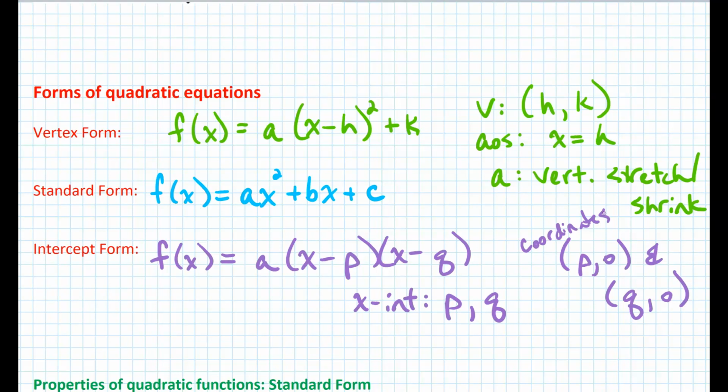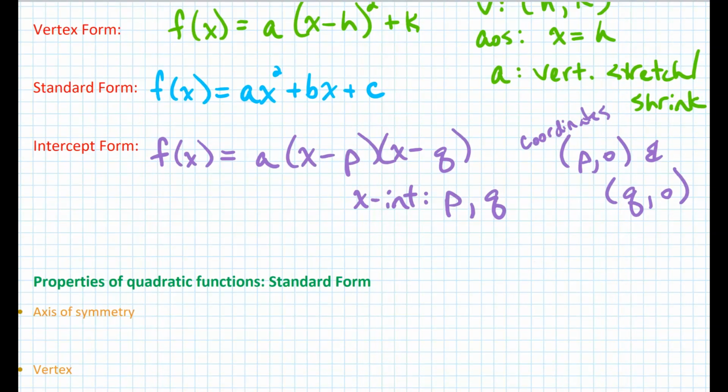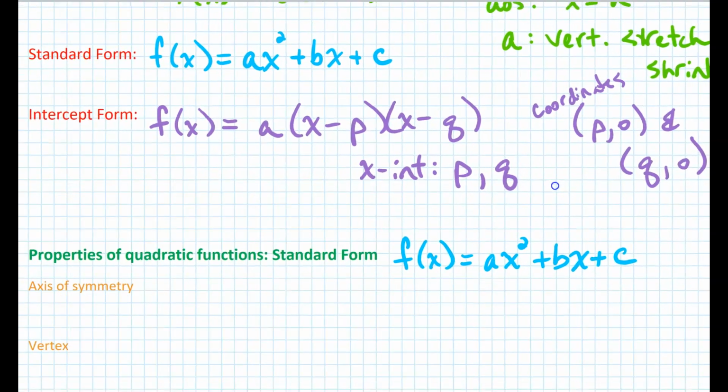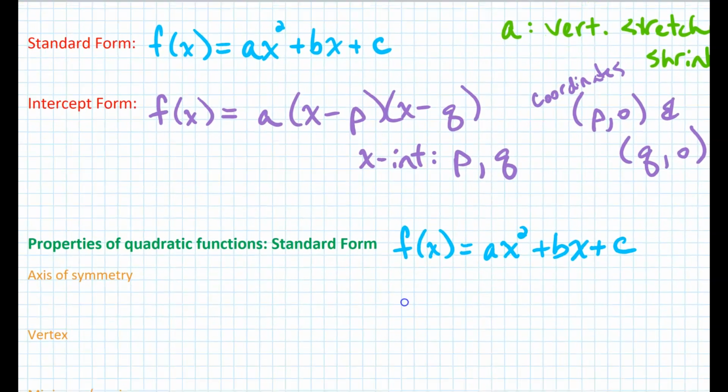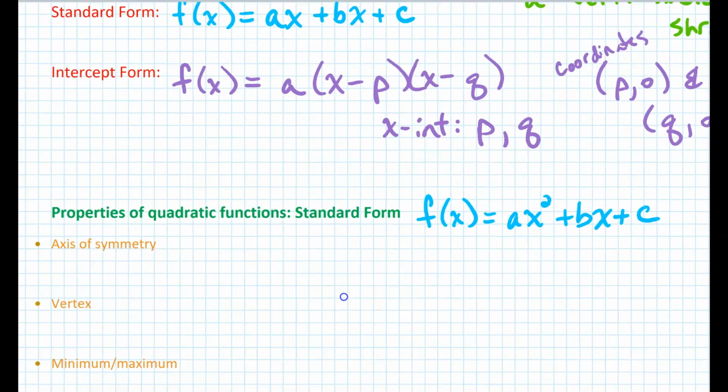Okay, so let's look at standard form in more detail. So again, the standard form is f of x is equal to ax squared plus bx plus c. So the axis of symmetry, again, occurs at the x value of the vertex. Does anybody remember how to solve for that?